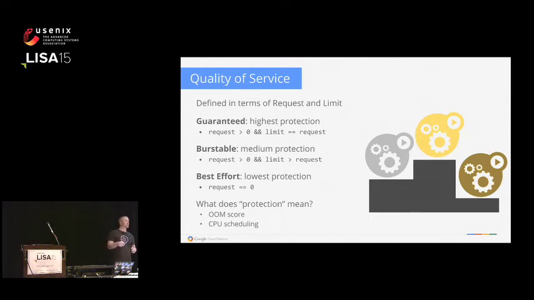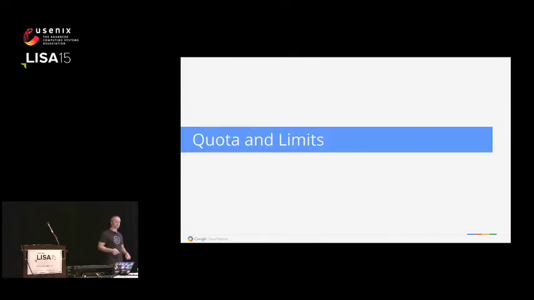So we use these quality of service bands to do things like set the OOM score levels so that when Linux shoots into the crowd, it's going to shoot into the low priority crowd before it shoots into the medium priority crowd, before it shoots into the high priority crowd, right? It's not exactly a guarantee, but it's a pretty good way of making sure that your important applications get protected. And it's a pretty good carrot for you to write your applications and benchmark your applications so that you know what resources you're actually using.